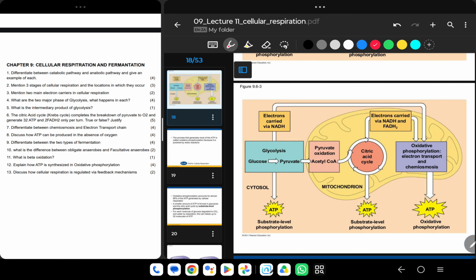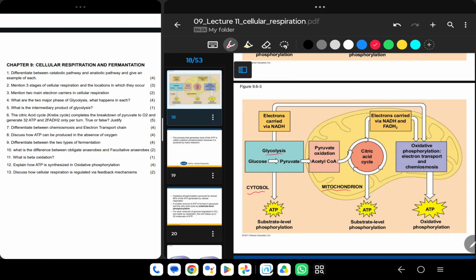So what happens here is that in the cytosol, glycolysis occurs, and then in the mitochondrion, the citric acid cycle and oxidative phosphorylation occur. Glycolysis, we said, is the breakdown of glucose to pyruvate. And then what does it do?